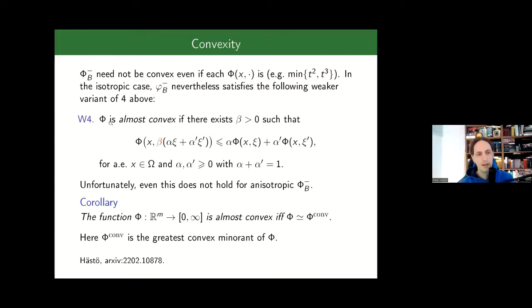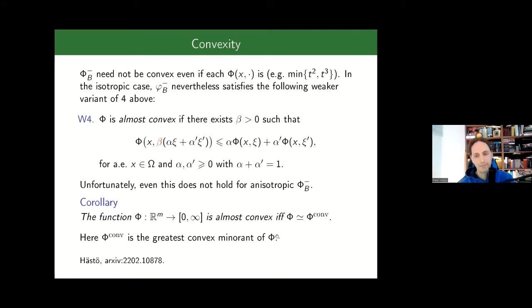So I have this almost convexity condition where inside a constant beta is added, which would be, I guess, something between 0 and 1. So it is a weaker version; of course, if beta is equal to 1, then this is just convexity. And here we can show that this almost convexity condition holds if and only if phi is comparable to its greatest convex minorant.